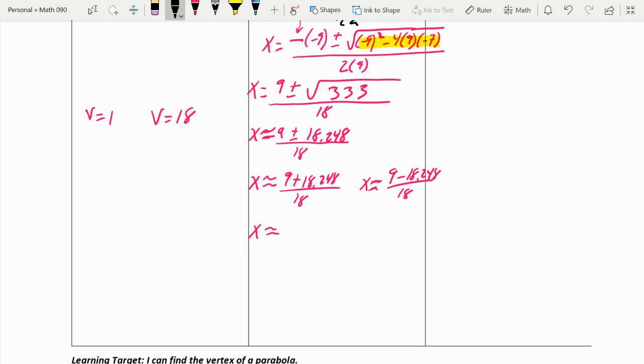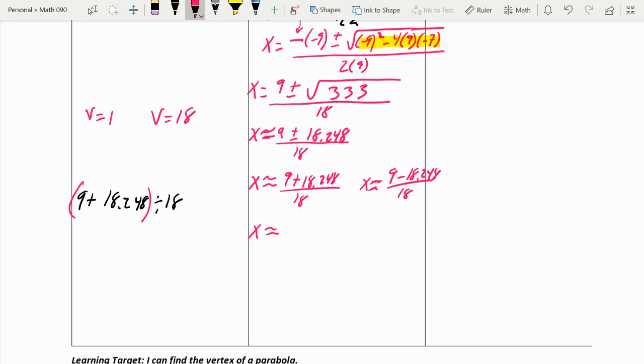If you just do 9 plus 18.248 divided by 18, what is your calculator going to do? It's going to do the division first. You have to think for it. If you're going to type in this whole thing, please use parentheses around this. Tell your calculator to do that stuff first, then divide by 18.